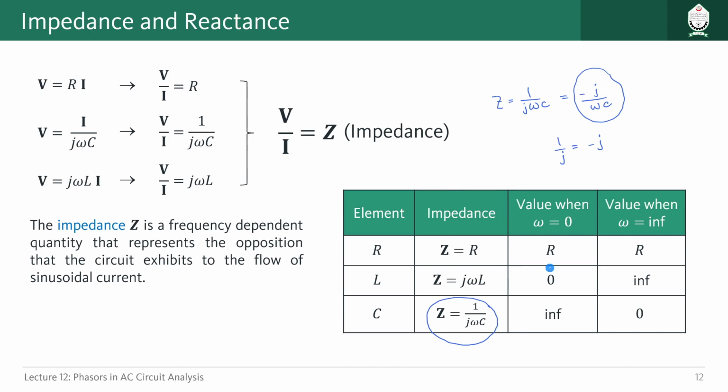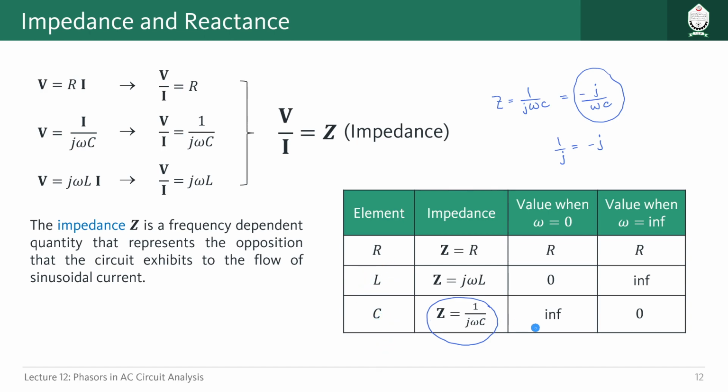Another thing we can note is that for a resistor, when we have different values of omega, or different frequency, the value of resistance is not changing, right? The value of impedance is fixed. But for L or C, this is a frequency dependent quantity. As a result, when we have omega equal to 0, we get 0 impedance for the inductor, and when we have infinite frequency, we get infinite impedance.